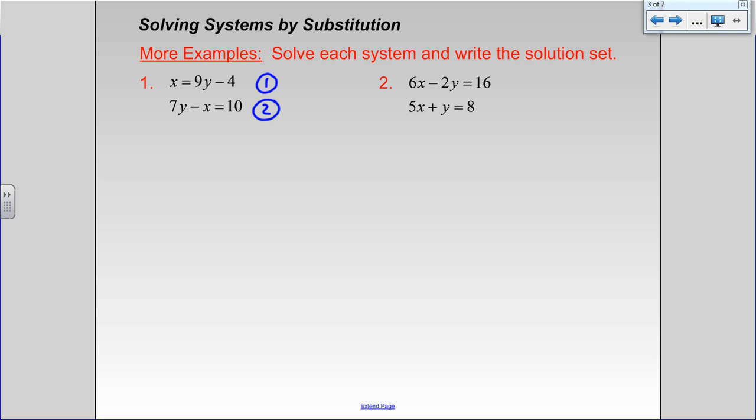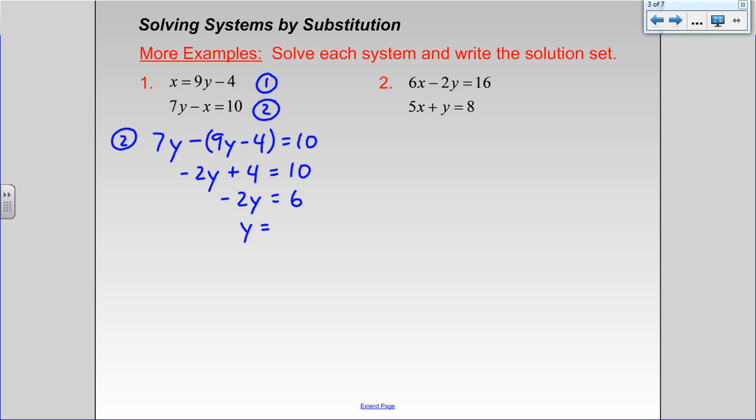Notice in this case, equation 1 has x isolated, so we will substitute from equation 1 into equation 2. Rewriting equation 2, 7y minus the quantity 9y minus 4 equals 10. We can solve this equation for y and obtain y equals negative 3.